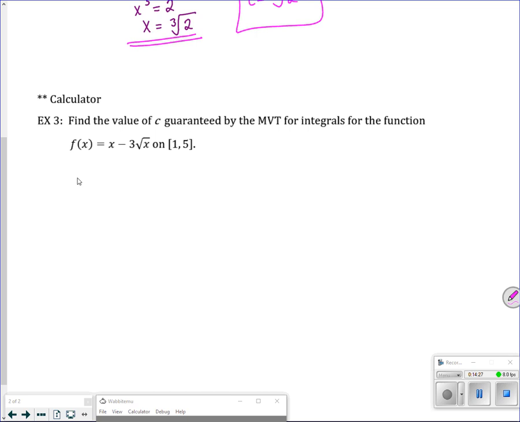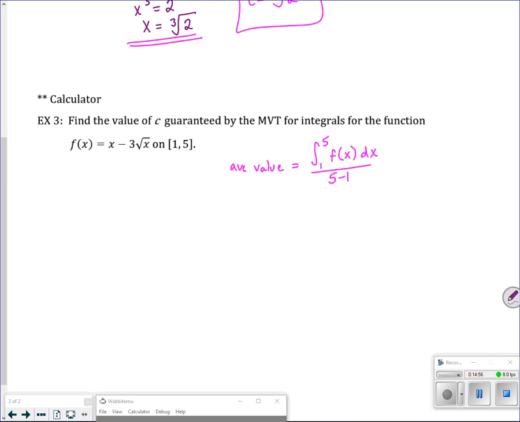Okay, I'm going to get the average value with the calculator. The average value is going to be the integral from 1 to 5. Now, if I'm using a calculator, frankly, I'm not going to write the equation. I would just write that over 5 minus 1, correct? I am going to take that value and use my calculator to get that.